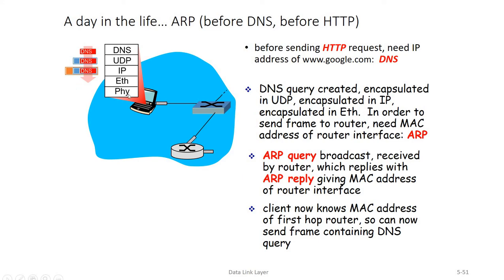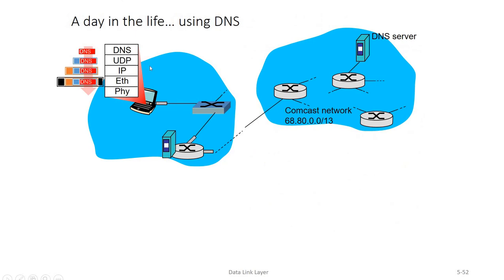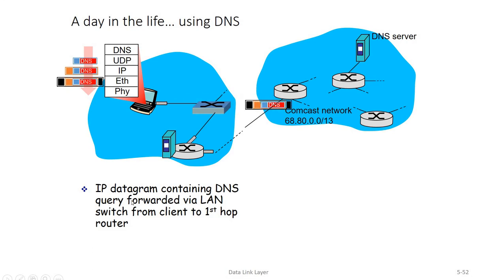Okay. So once the DNS server replies, we know the MAC address of the server and the router. The next step is to start sending the request. The request will go through and become a datagram, which of course contains the IP address of the destination, Google, switched from the client to the first hop router.